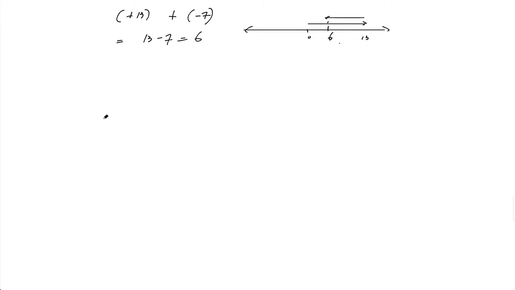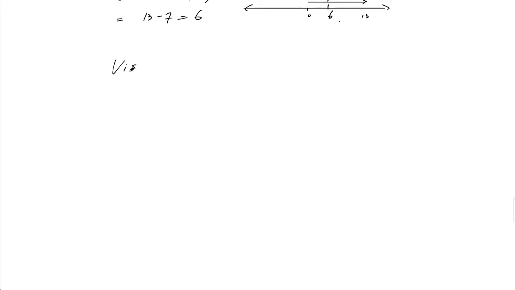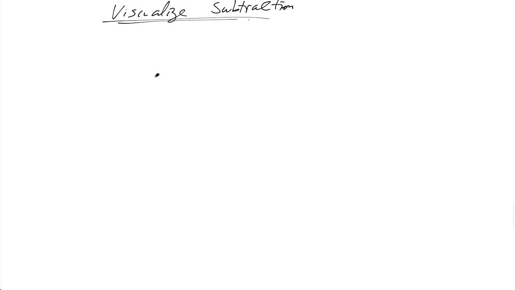What's a good way to visualize subtraction? Now, before I start, if I draw an arrow this way, let's say this started from 0 and ended at 4. This means plus 4.